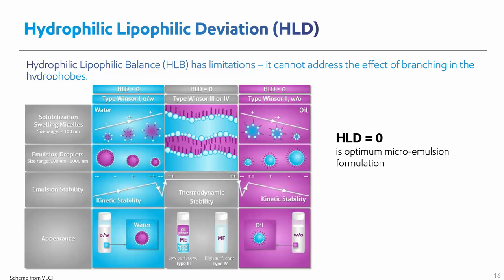The HLD shifts between negative to positive values corresponds to the transition between type 1, oil in water emulsion, to type 2, water in oil emulsion. HLD equals 0 means a perfect balance of the surfactants interactions with oil and water, leading to minimal interfacial tension between oil and water.